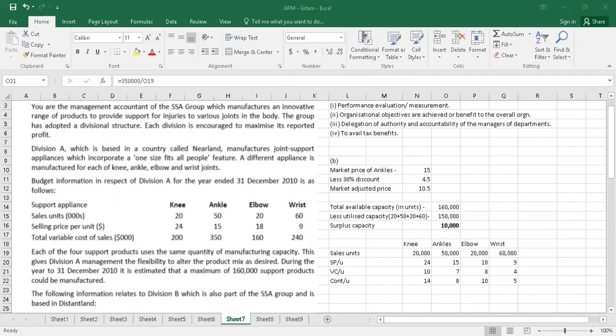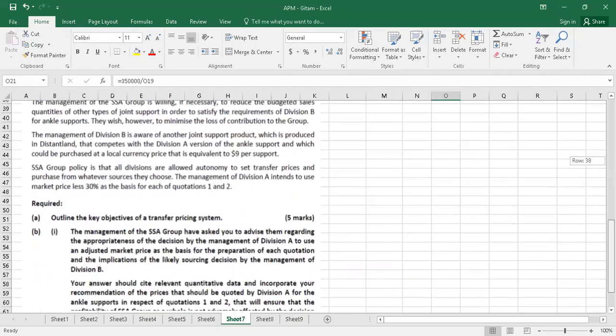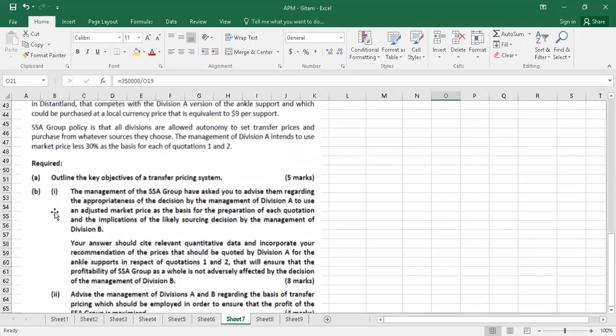Requirement B, subsection 1 is asking us to advise them regarding the appropriateness of the decision by the management of division A to use an adjusted market price as the basis for the preparation of each quotation.